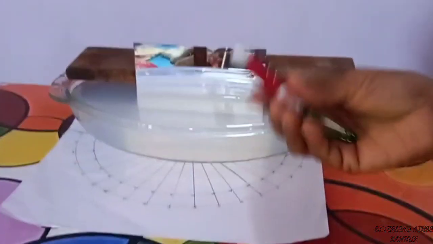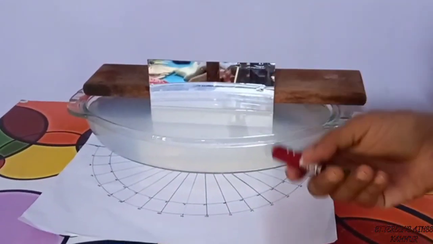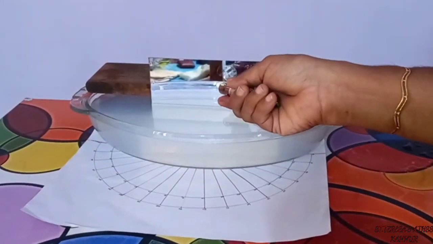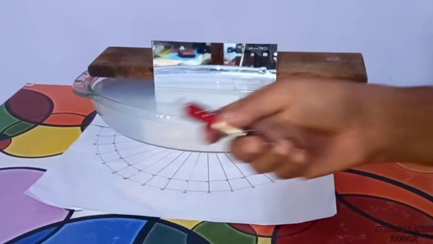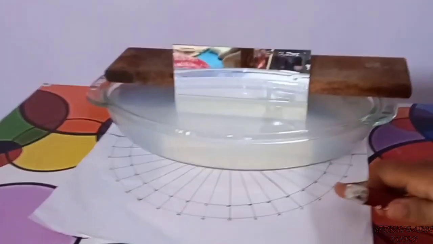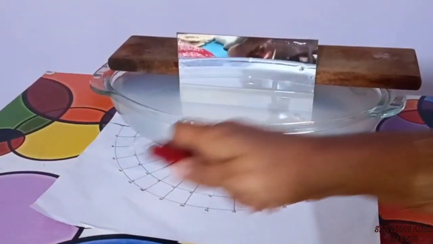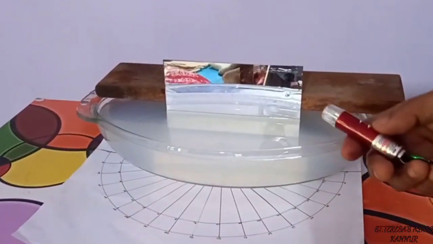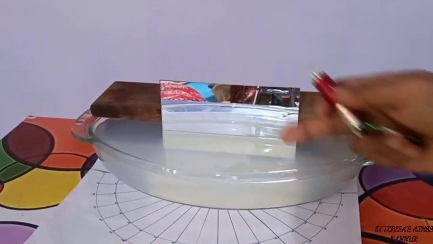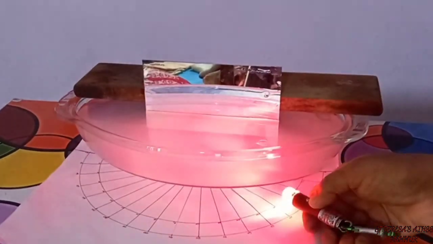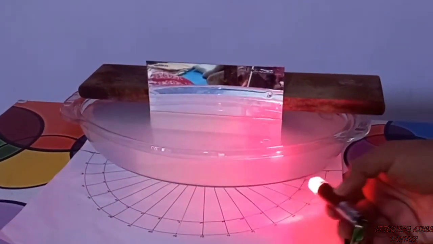I am using this laser torch. I am going to put the beam onto the mirror, and through the mirror it will reflect and come outside. So what you have to check is, when I am taking each measurement, at which measurement the angle of reflection is coming out, because we are putting soap water so that you can see the rays correctly. So now I am taking 40 as the measurement.